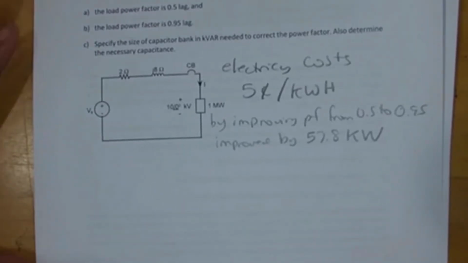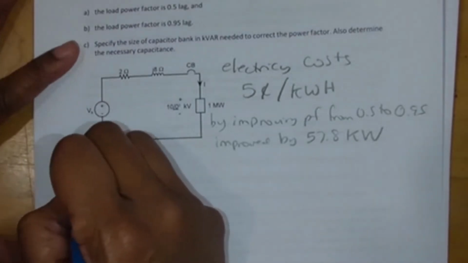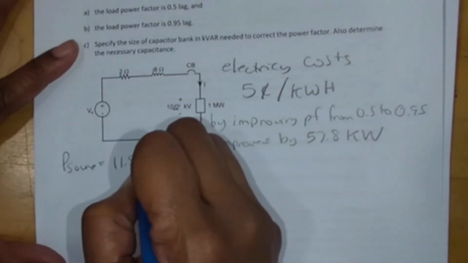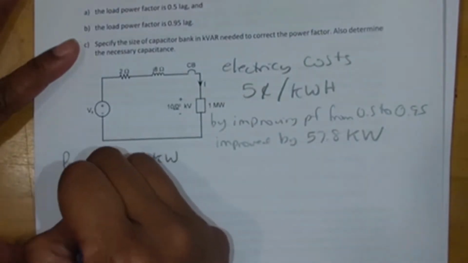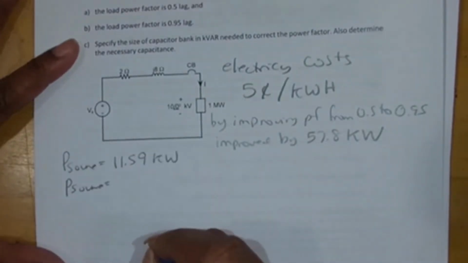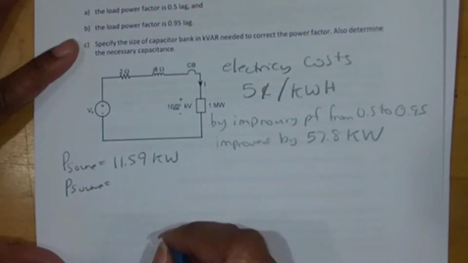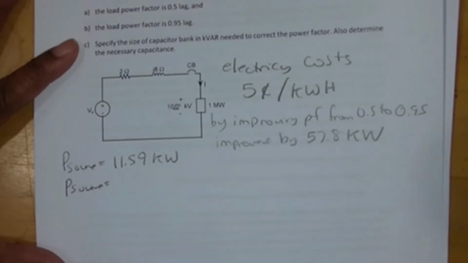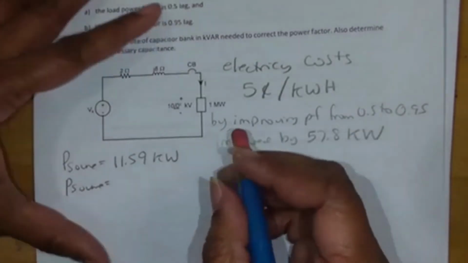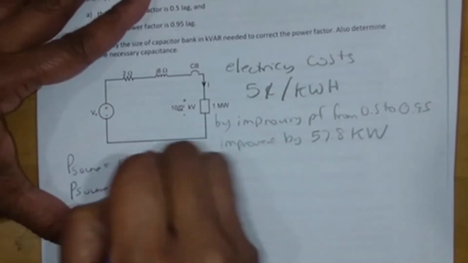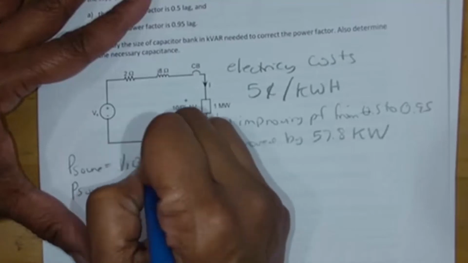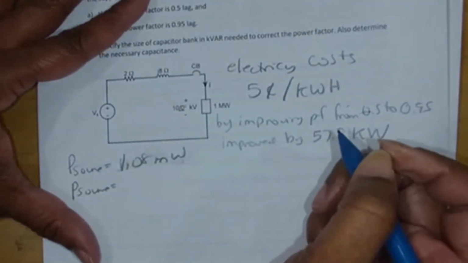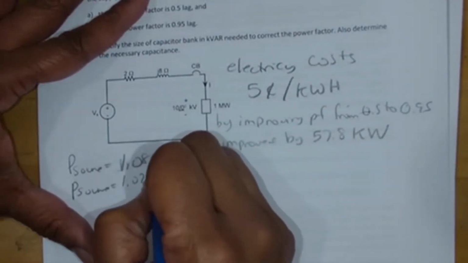Because originally the power at the source was 11.59 kilowatts. Then with the new power factor, the power at the source was, wait a minute, I wrote down the wrong number. 1.08, sorry. Originally the power at the source was 1.08 megawatts. And now the power at the source is 1.022 megawatts.